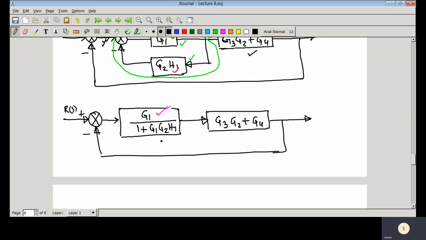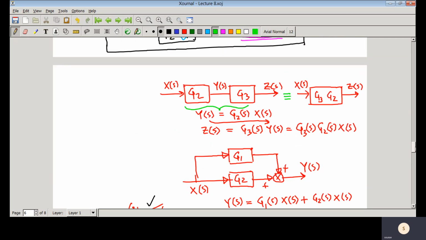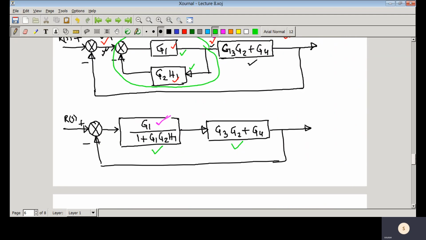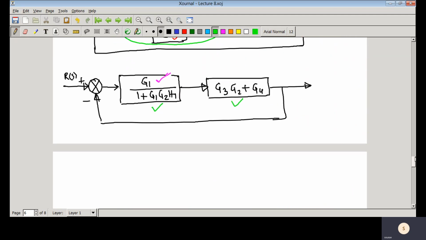Now these two transfer functions, this transfer function and that transfer function, they are cascaded. Whenever they are cascaded, they will be in product form. So then you can write what is the transfer function here. You have a block, and I am writing it from this point to that point.